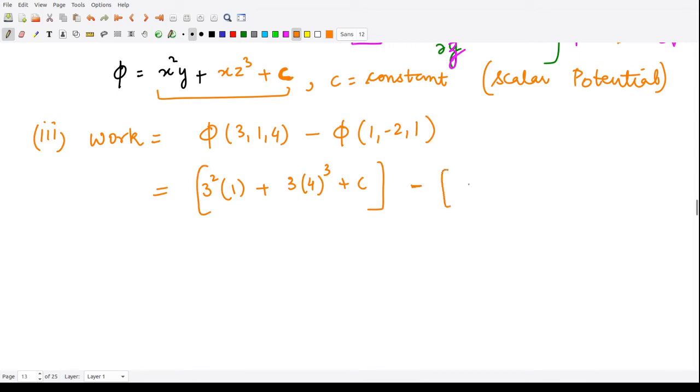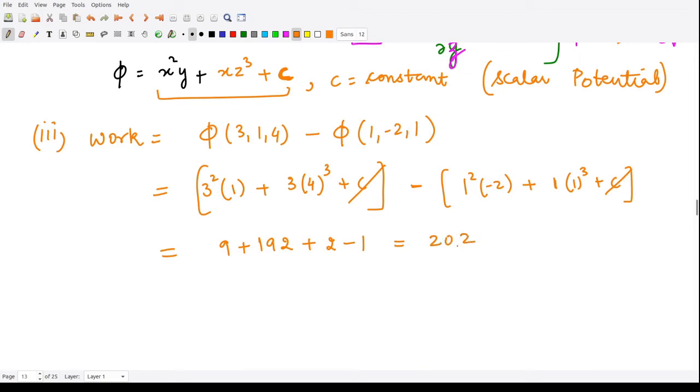For the second part, it would be 1 square into -2 plus 1 into 1 cube plus c. So when you solve this, c and c will cancel out. So you have 9 plus 192, and you have plus 2 plus minus 1. Yes, minus 1. So this will come out to be 202.